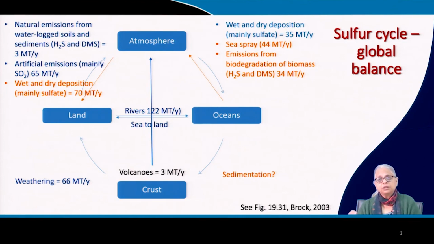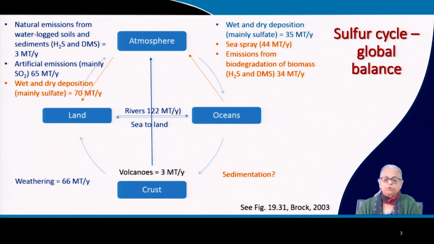Dry deposition is when the sulfur containing aerosols are absorbed to particles, and then the particles come down. They can come down in two ways, either by the weight of the particles or when there is rain or hail or snow, any form of precipitation. If it brings these particles or aerosols down, then it becomes wet deposition. So you have dry and wet deposition.